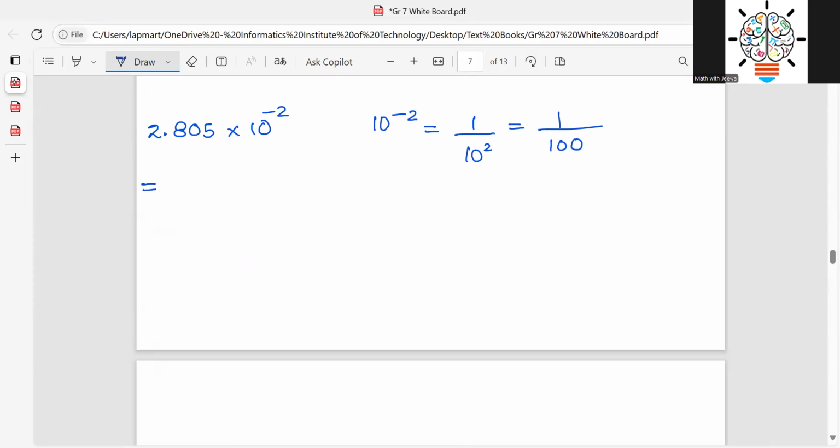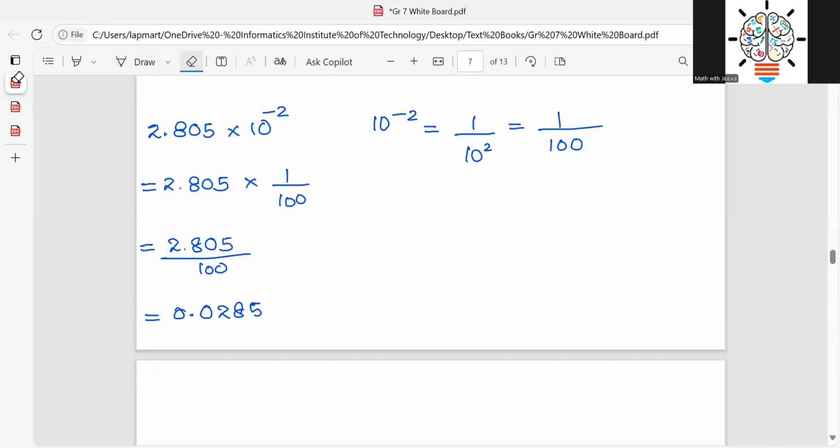So then I rewrite this as 2.805 multiplied by 1 over 100. This means you want to divide 2.805 by 100. So then my answer will be 0.02805. Right? So I have come 2 steps.